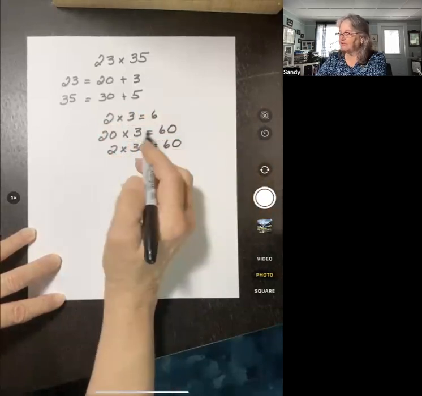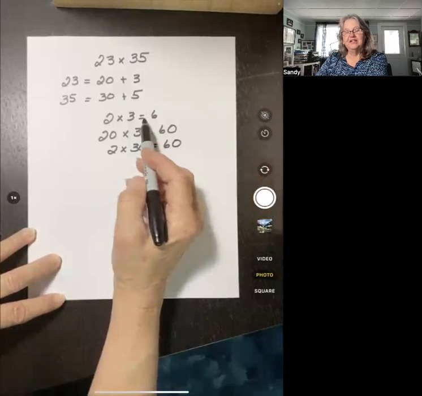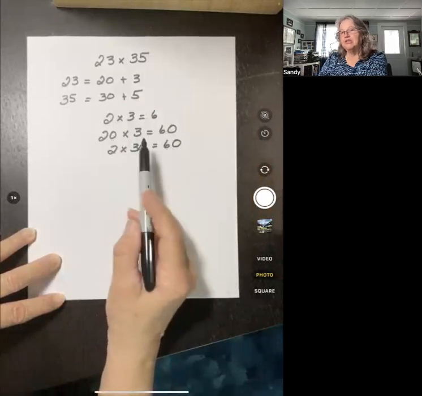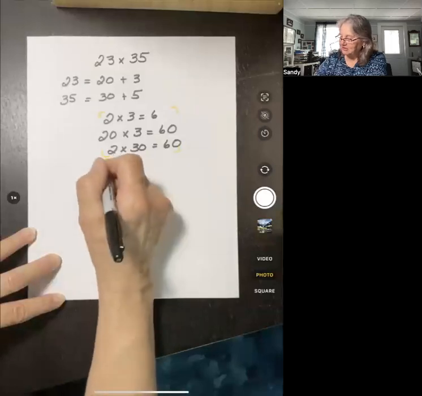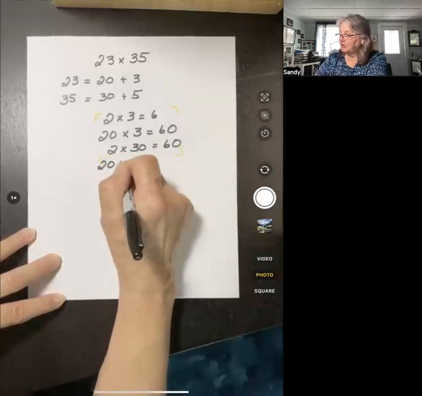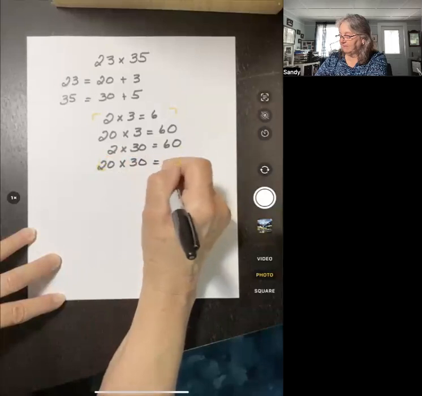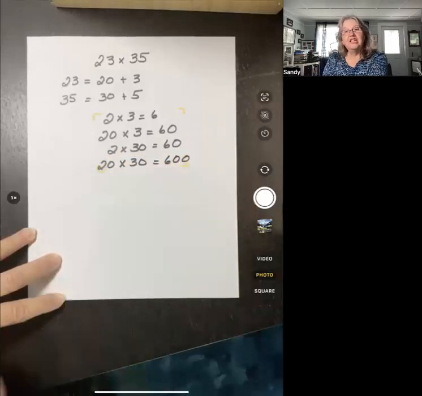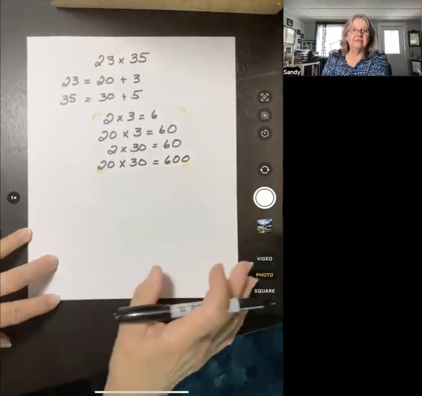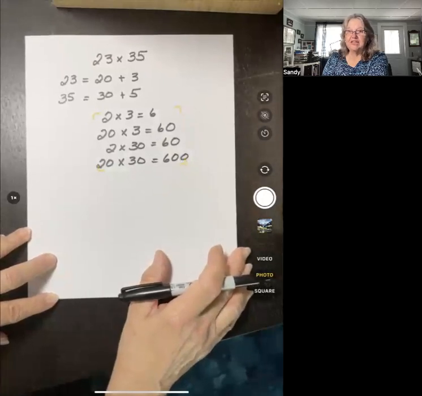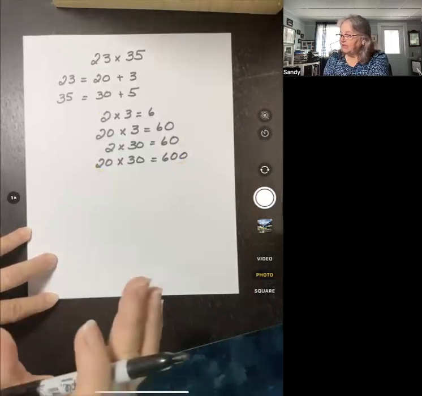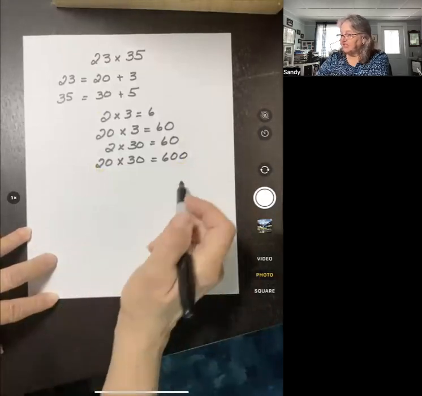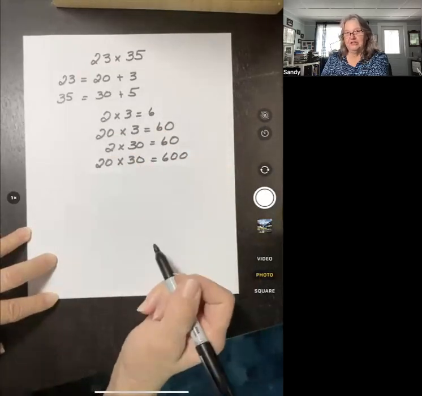See, I can use the fact I know to find out the answers when I multiply by multiples of 10 or 100, those powers of 10. Then I also know 20 times 30. Now, looking at multiplication facts and the development of those, that's in a different video, and I'll leave you the link to the multiplication playlist below. But this idea of facts will be used here.